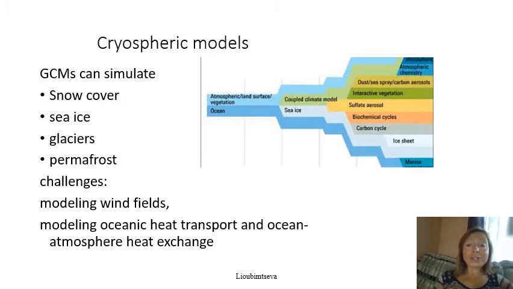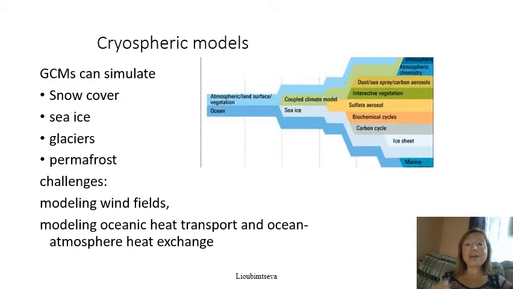Now we know already that of course the climate system is not just the ocean and the atmosphere coupled together, but it really includes also the biosphere, with vegetation being tightly coupled through the carbon cycles and other biogeochemical cycles to the atmosphere and the ocean, as well as the cryosphere, the sphere of ice.